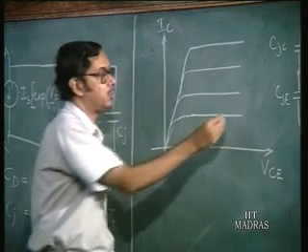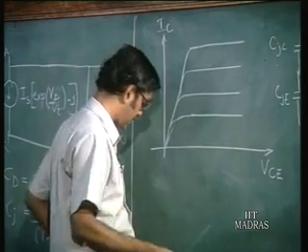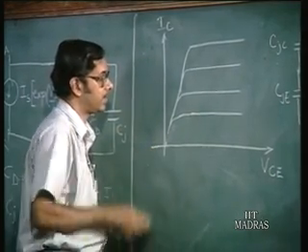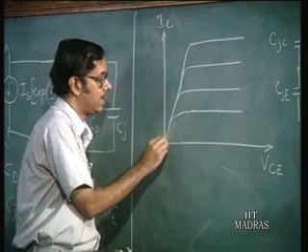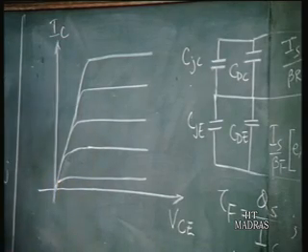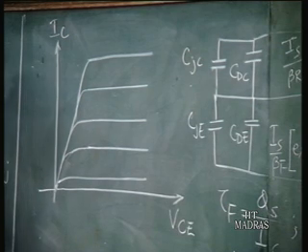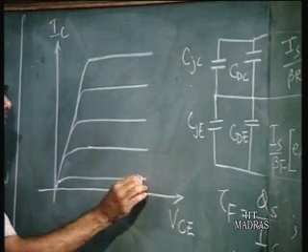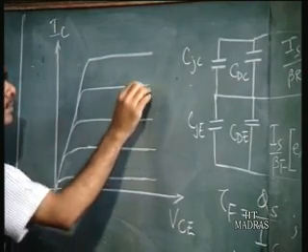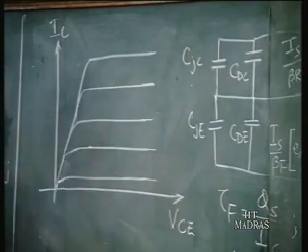So this is the output characteristics of the bipolar transistor, IC versus VCE, and of course we shall be using this characteristics quite a number of times to analyze a given circuit.